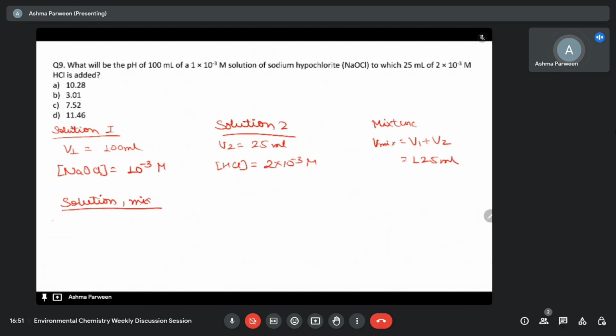So we will have components H plus, we will have OCl minus as the component, we have Na plus as the component, and we will have Cl minus as the component. Let's do the mass balance for each of these components. Let's start with H plus.